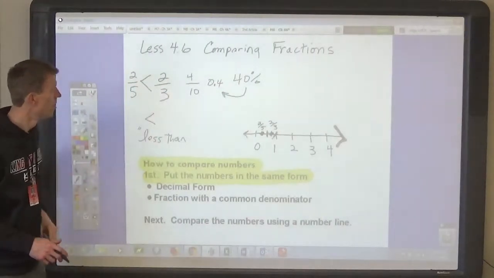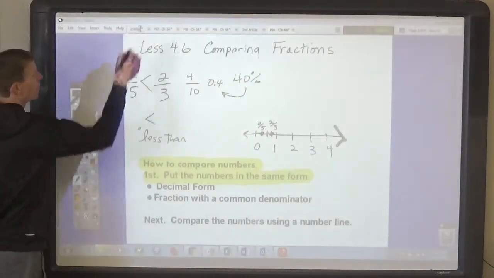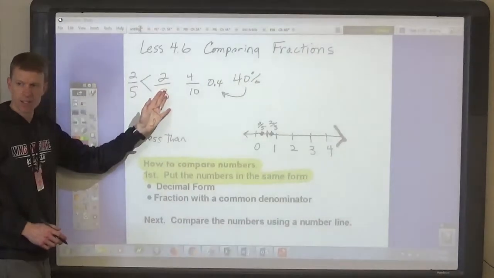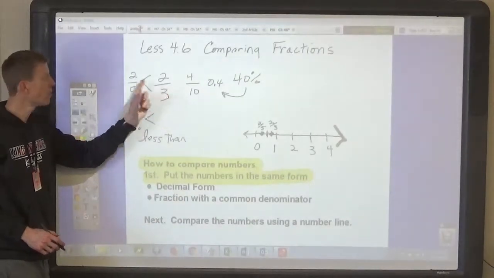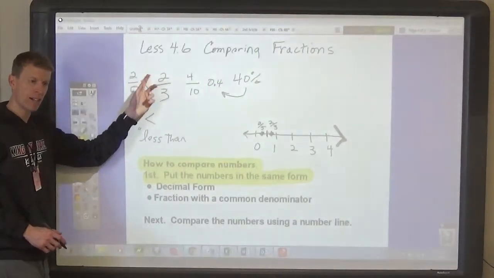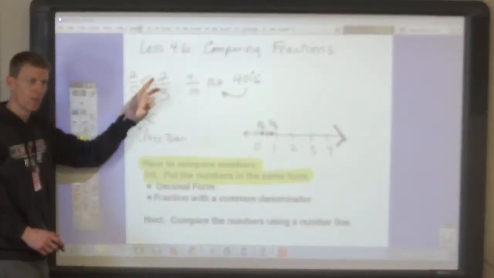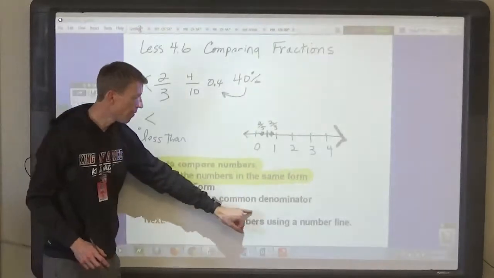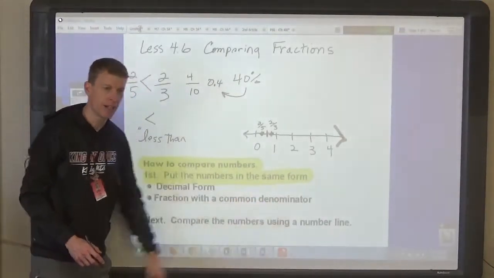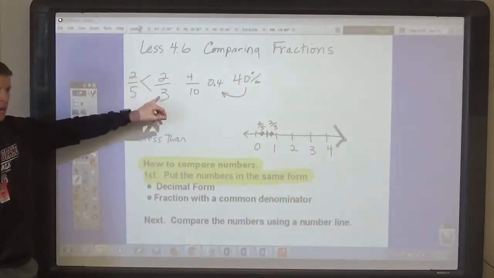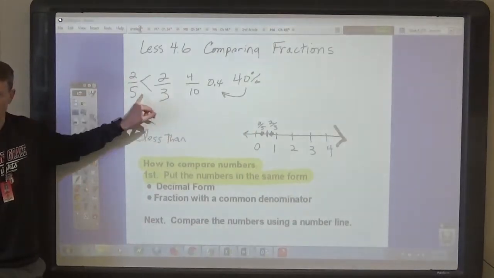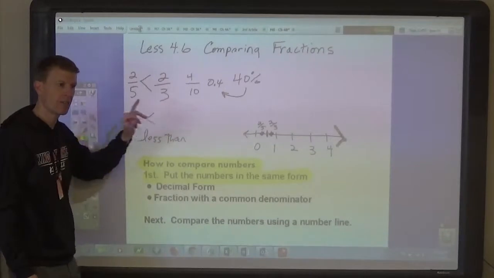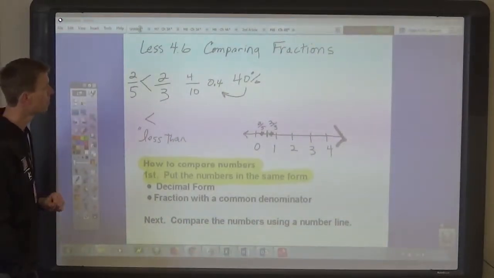Well, in fractions, if the pieces are all the same size, then we can just figure out how many pieces there are in each one. And what we do is, with a fraction, you can find a common denominator, or make the bottom number the same. Convert both fractions to equivalent fractions, but they have the same denominator.